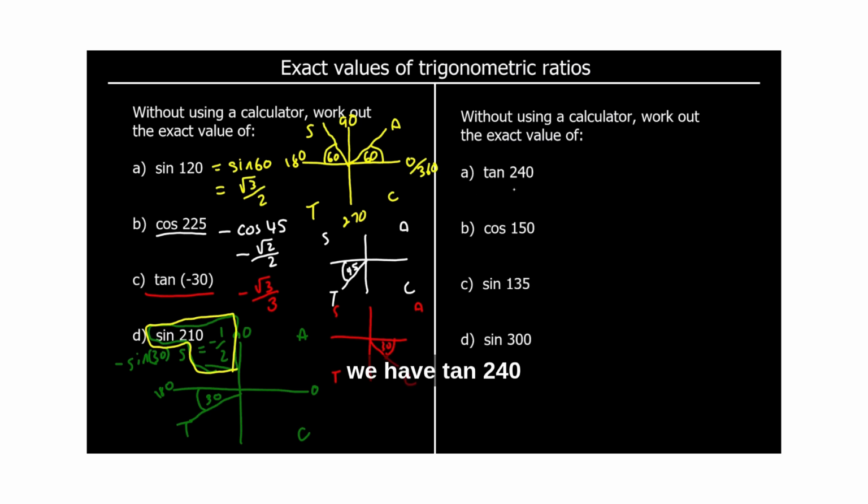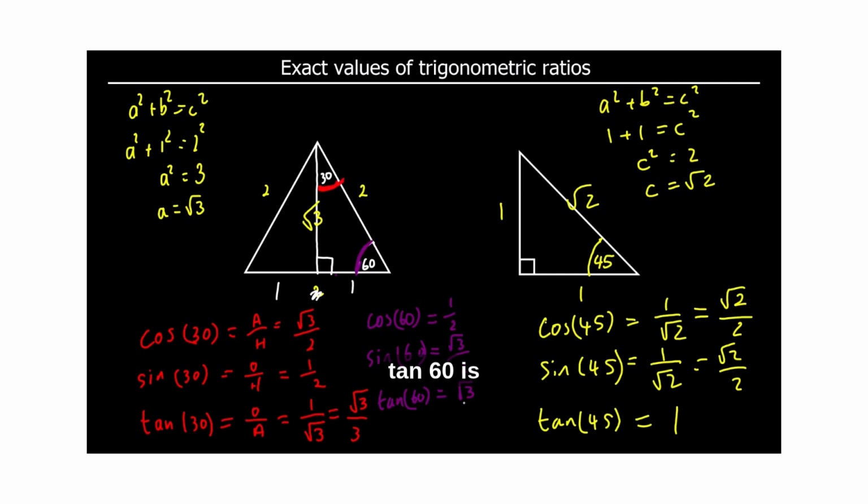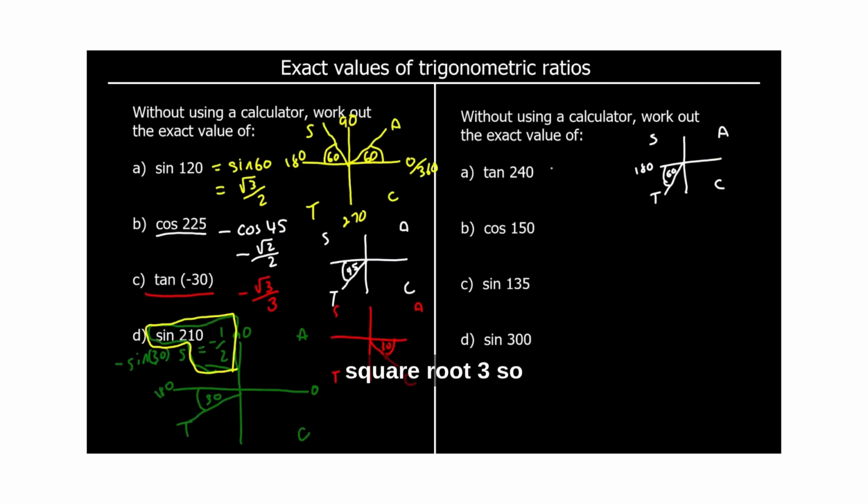So we have tan 240. So it's 180 here. 240 is 60 more. So tan is positive. Tan is positive between 180 and 270. So it's the same as tan 60. And tan 60 is square root 3.